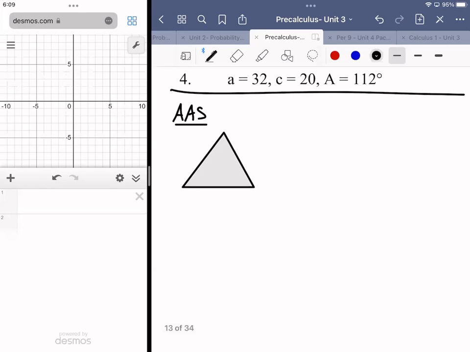So you would know an angle, another angle, but the side that you know would not be in between the two angles. So here's one angle, here's another angle. This side would be in between those two angles. I'm saying not that side. The side that you know or you're looking for is one of the remaining sides. So for example, this one. That's an example of angle, angle, side.